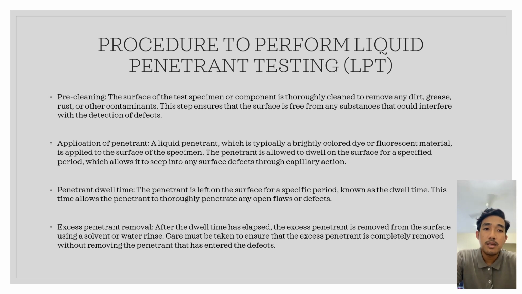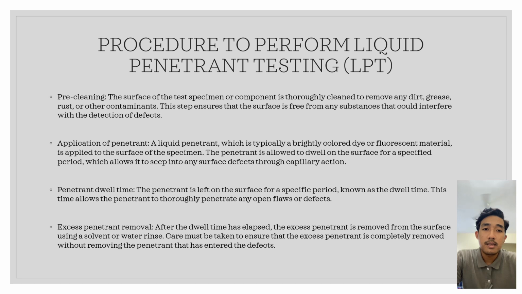Next is penetrant dwell time. The penetrant is left on the surface for a specific period, known as the dwell time. This time allows the penetrant to fully penetrate any open flaws or defects.